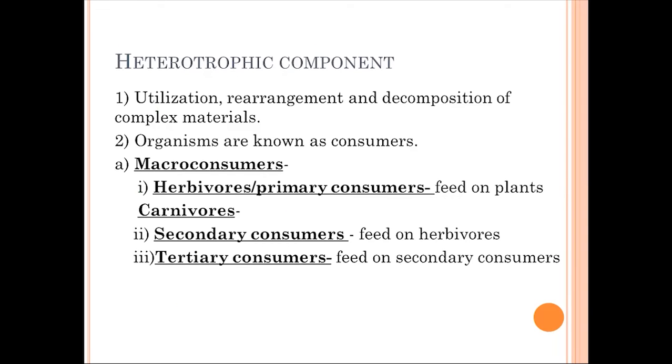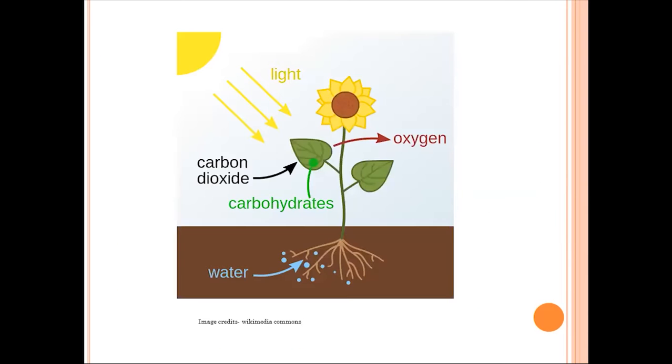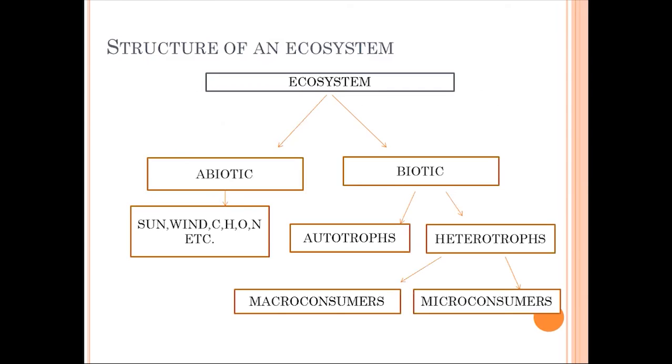Then let us come to the heterotrophic component. Okay, I'll just play the chart again. See, ecosystem comprises two components, abiotic components and biotic components. We have discussed the abiotic components. We are now discussing the biotic component.